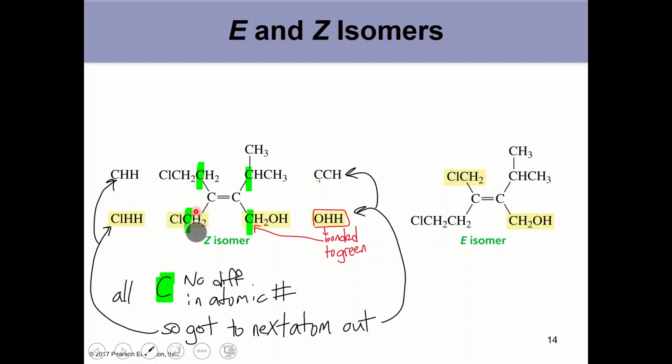If you look at the carbon below, this carbon is bonded to 2 hydrogens, 1, 2, and 1 chlorine. Now we finally have a difference in atomic number, chlorine compared to carbon. Because chlorine has a higher atomic number, the bottom group is the higher priority.